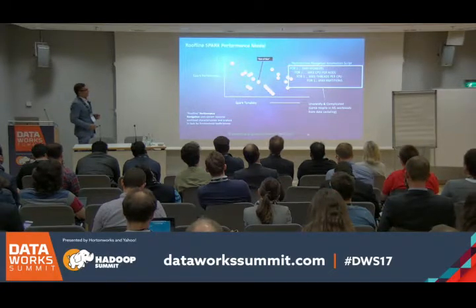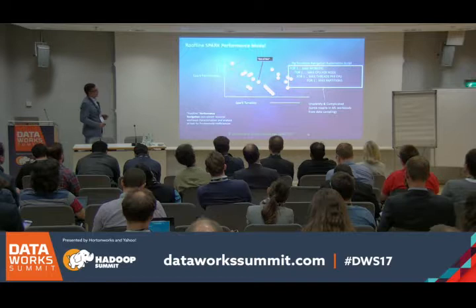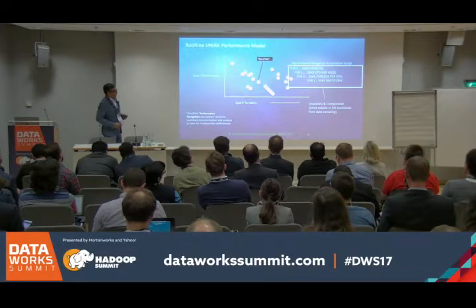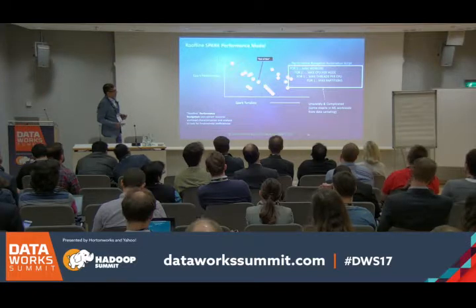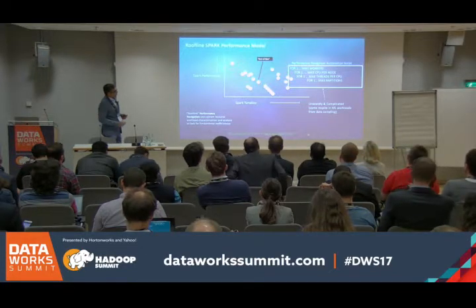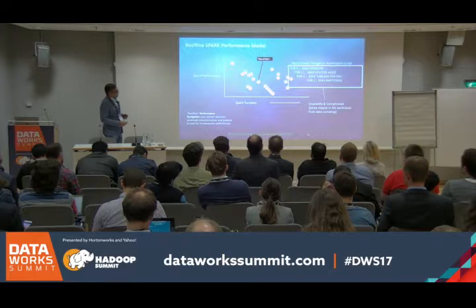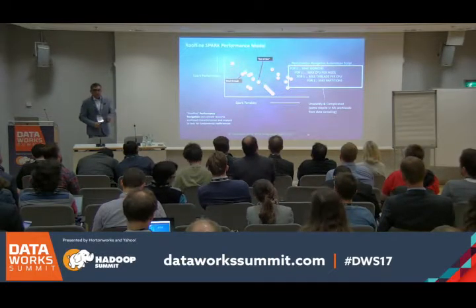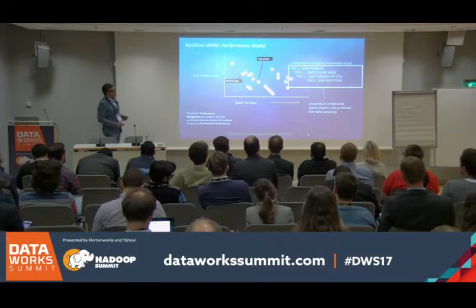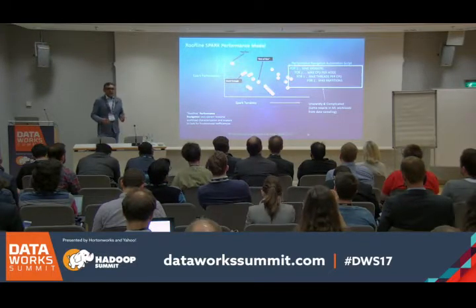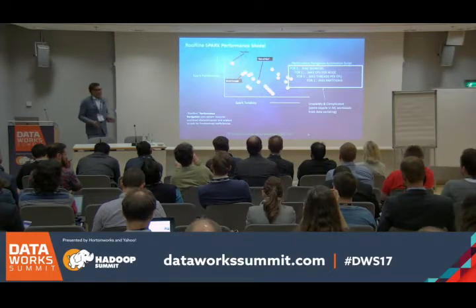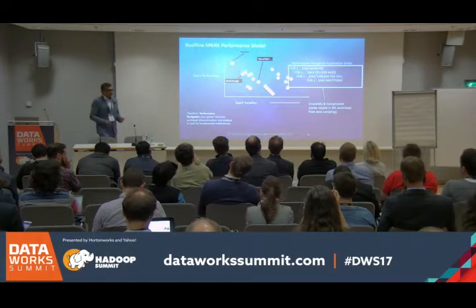You can go and look at these different types of tuning parameters that Spark offers and tweak them to take the performance of the system from the out-of-the-box form to what he's calling a good enough performance level, and then take it to something that he is calling the roofline. That is the most optimal performance that you can expect to see on a particular workload on a particular box.